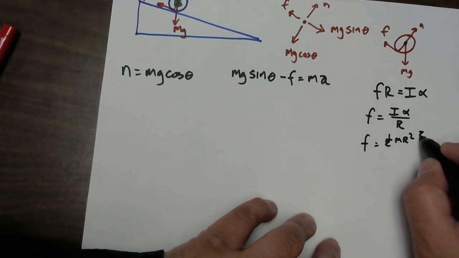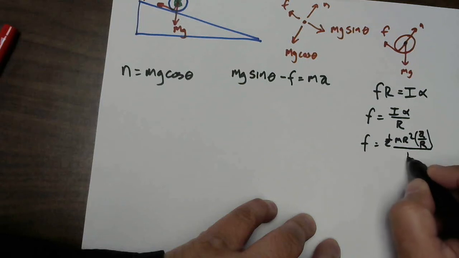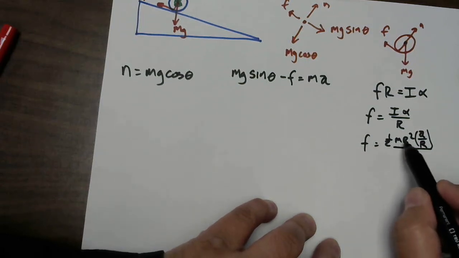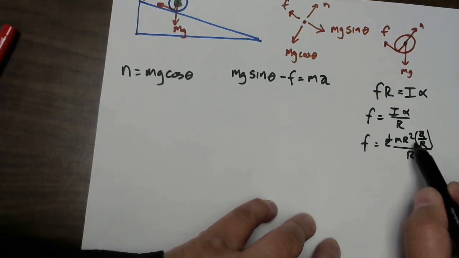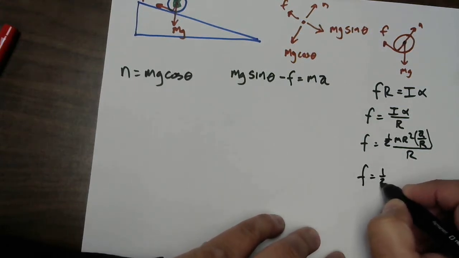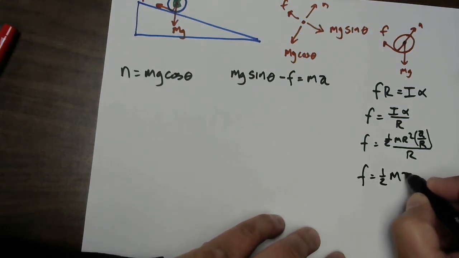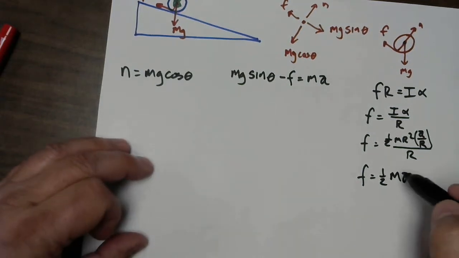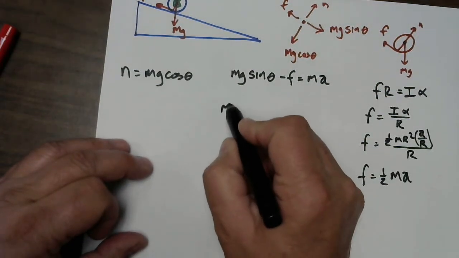Alpha can be replaced with acceleration divided by r, and then there's r. Well, look at this. R squared divided by r is just r. Divided by r again is gone. So this friction is going to be 1/2 of the mass times the acceleration. Let's put that in up here.